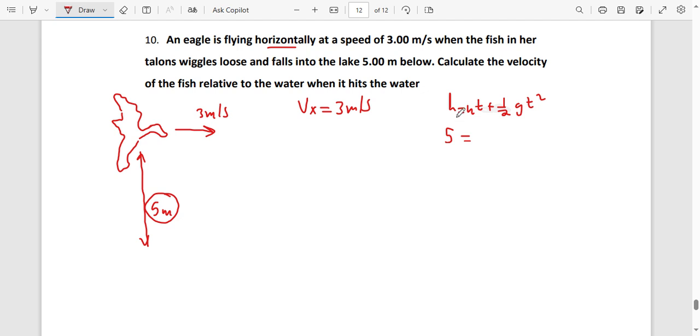Initial velocity in the y is 0 because the bird was moving horizontally. So even for the fish, the initial velocity in the y is 0. Then plus half, g is 9.8, t squared. So 5 is equal to 4.9 t squared.